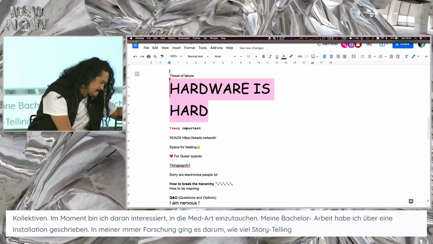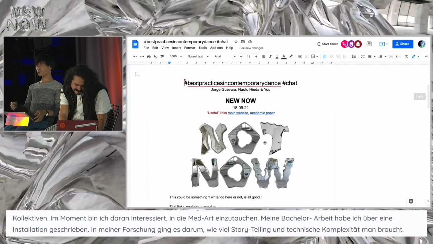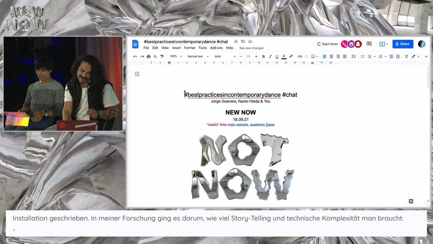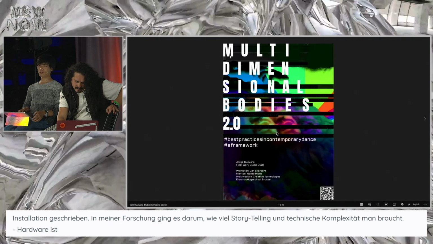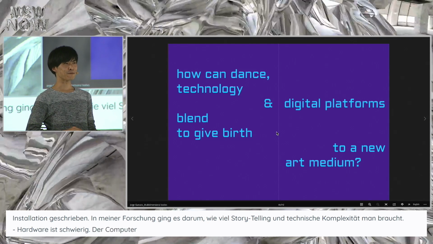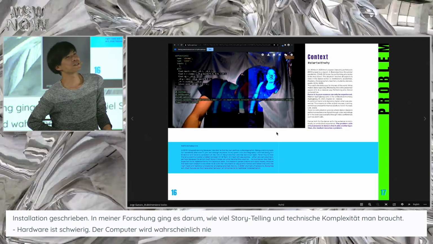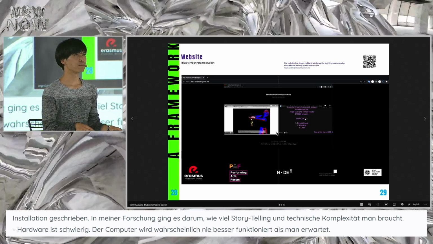But what I wanted to say is that hardware is hard. You can fail, but computers won't perform better than what you expect. Like if you make a Unity scene and run it, it happens with generative art, actually. You prepare a program and the computer does something.